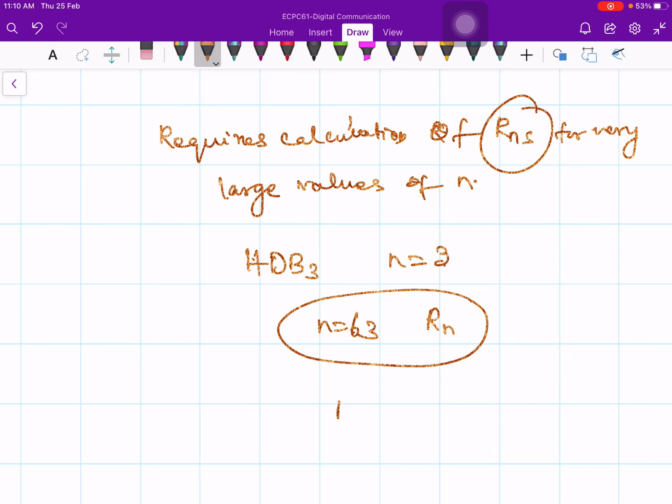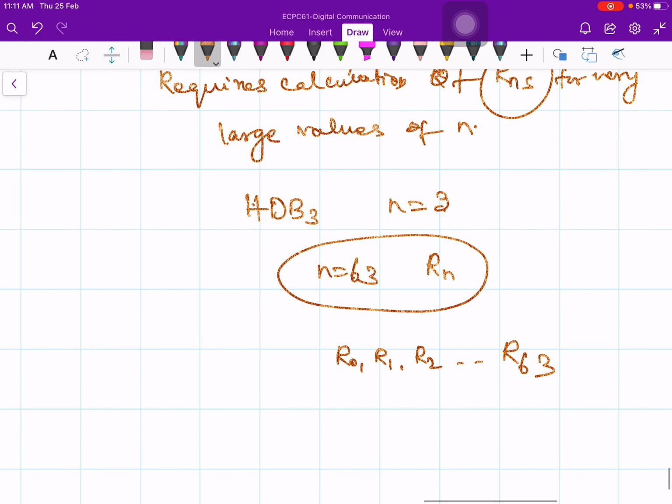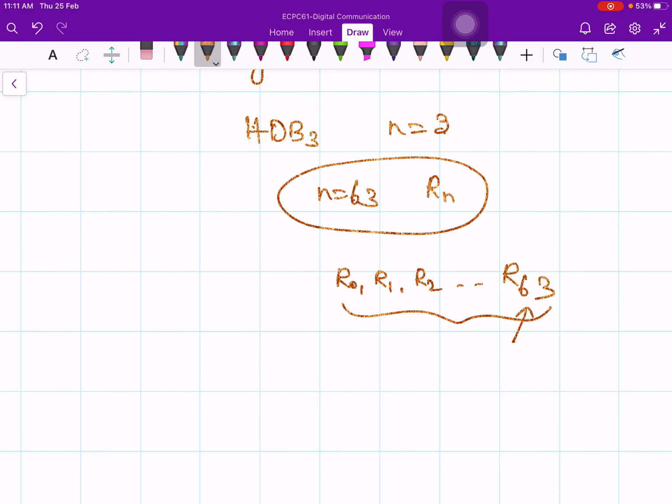We need to calculate R0, R1, R2 up to R63. We need the 63 coefficients to calculate the spectrum, because it doesn't become 0 before that. Even it doesn't become small enough before R63. If it doesn't become 0, it will at least become small enough to ignore, but that is also not possible.